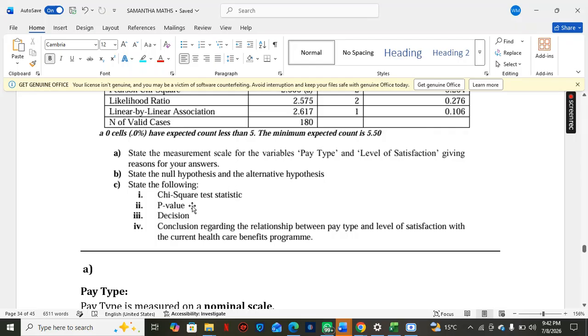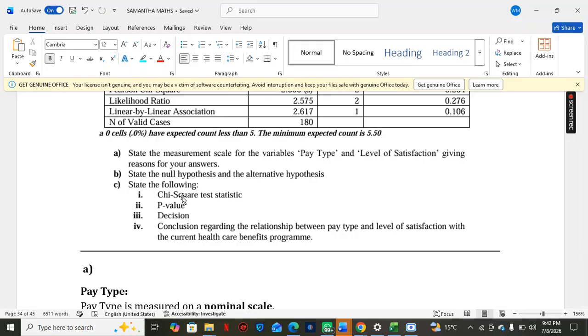Okay. The p-value, which is also called the probability value. If you don't want to use the test statistic to make a decision, you can use the p-value rule.